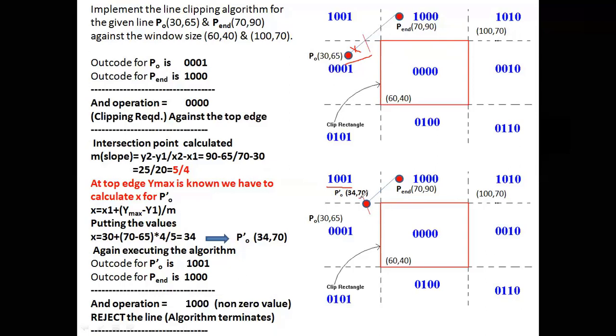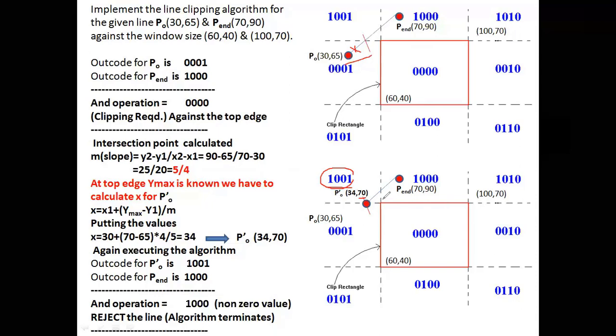The y value is equal to the y max, and x is lying below 60. So it means it is on the intersection of left and top. Is it clear? So it is on the intersection of left and top, so we can easily assign by checking the condition whether x is less than x min or greater than x max.